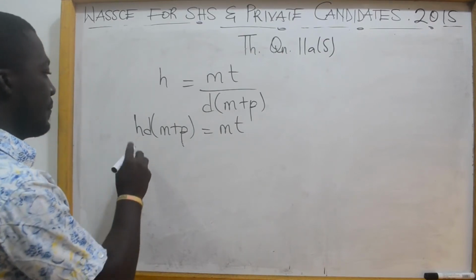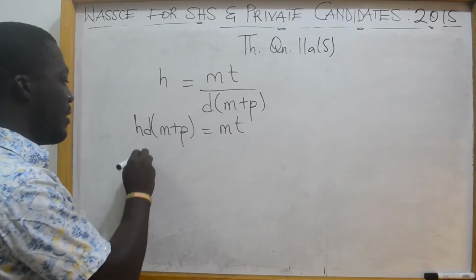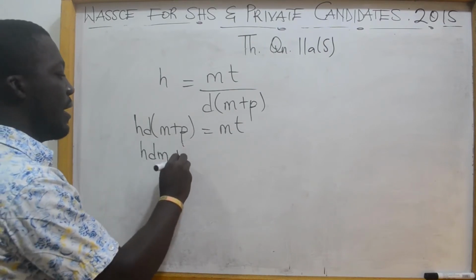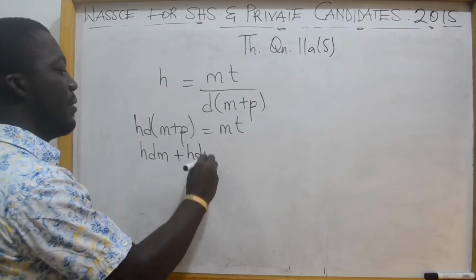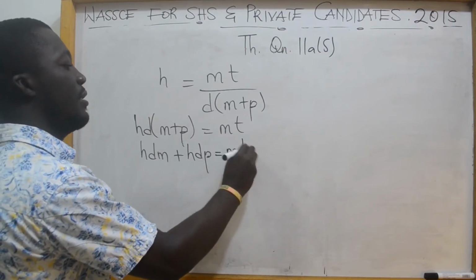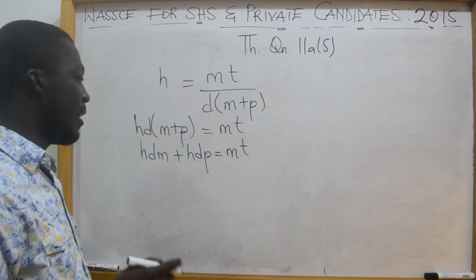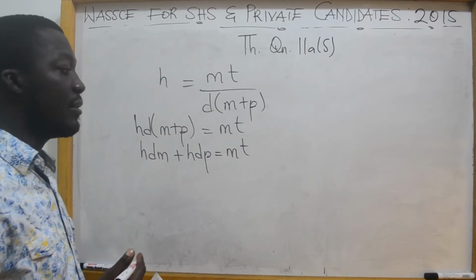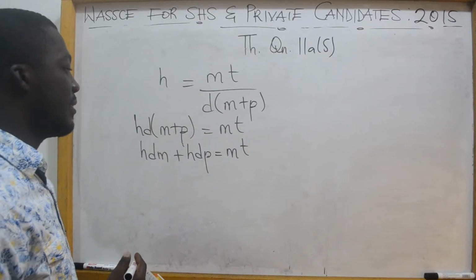We're going to get HD times M will be HDM, HD times P is HDP, is equal to MT. Then we group the M's at one side and the ones without the M's at a different side.